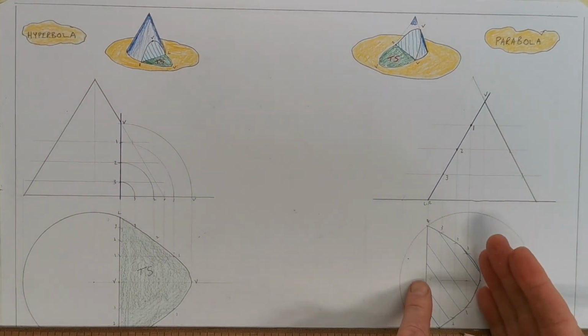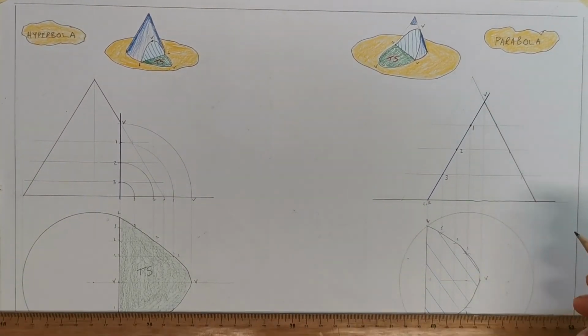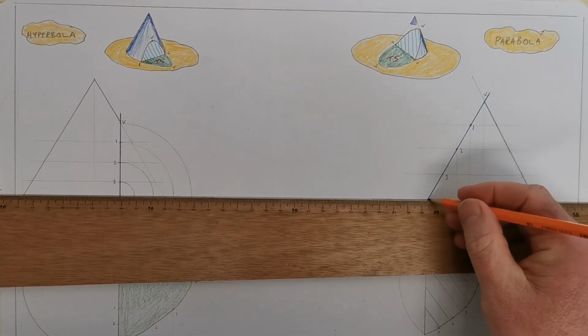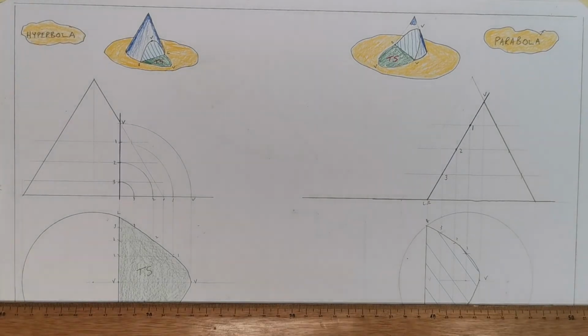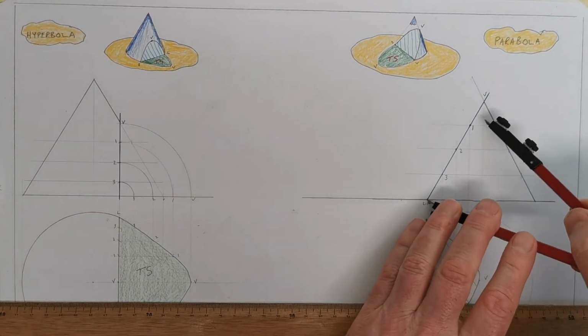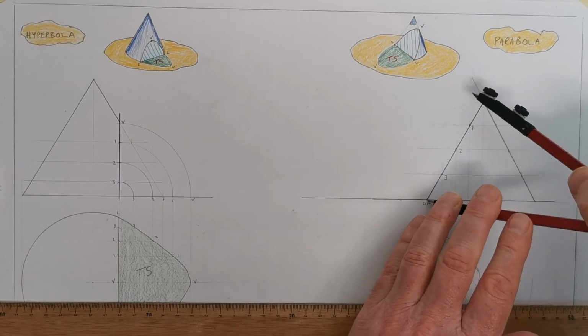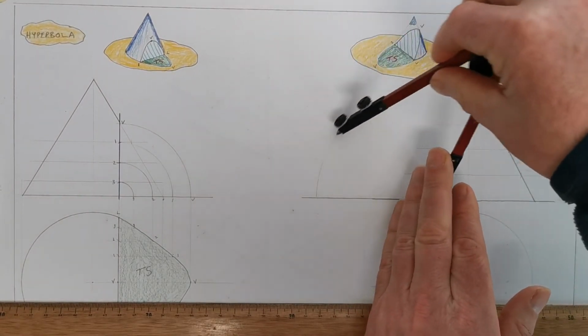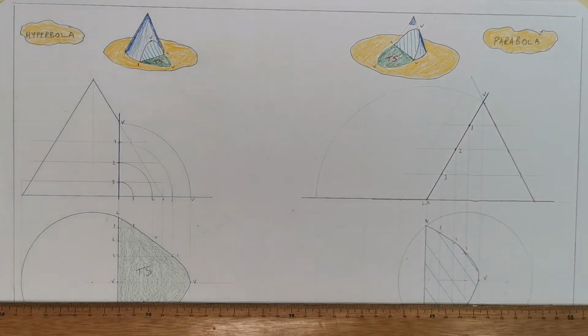Because that's not a true shape because of the fact that it's sloping down, I'm going to just extend out here the horizontal plane. So again, I'm going to do it by rabatting because I think it's quick and easy. So I'm going to swing down the vertex.